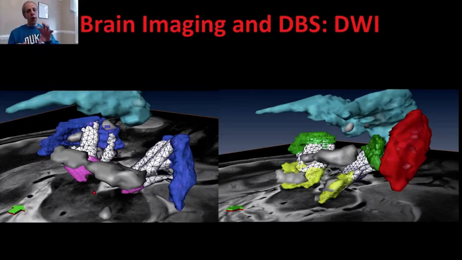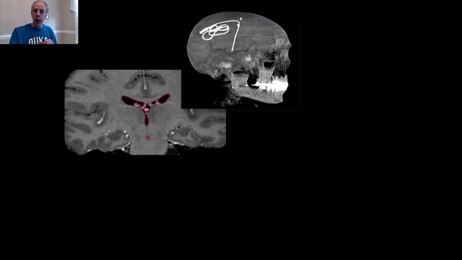So it's not only that you're giving a good target localization, you're also telling what's going to be affected by touching there. And that's the beauty of putting all this image processing together.